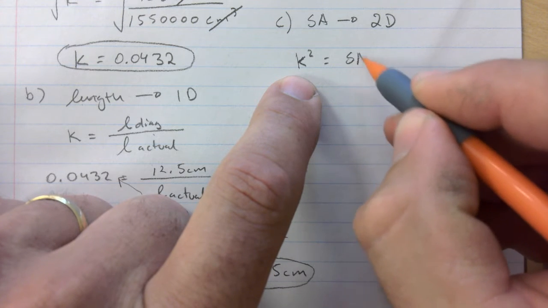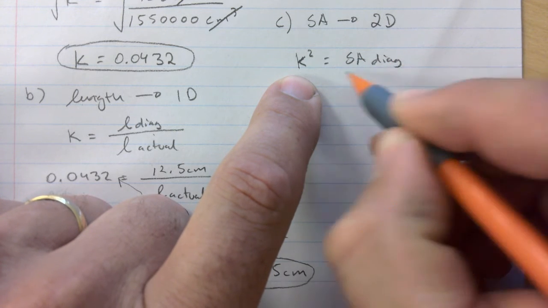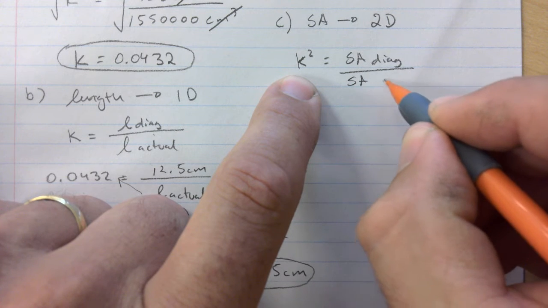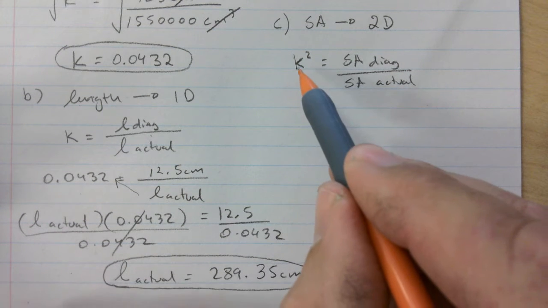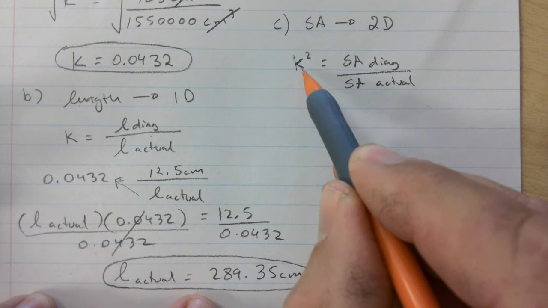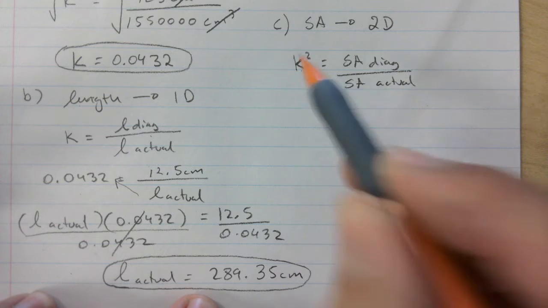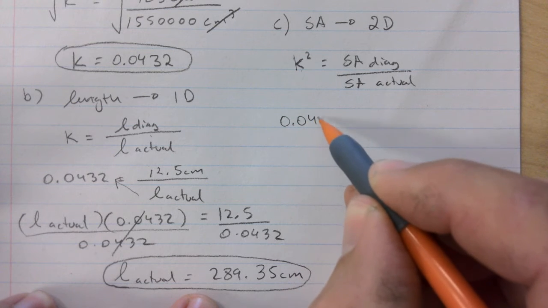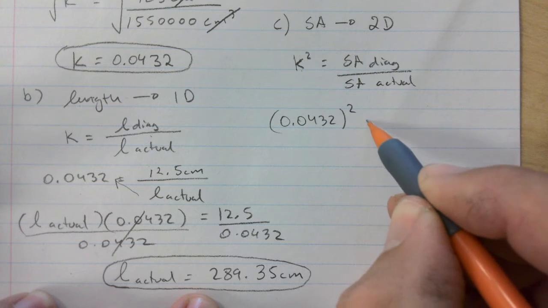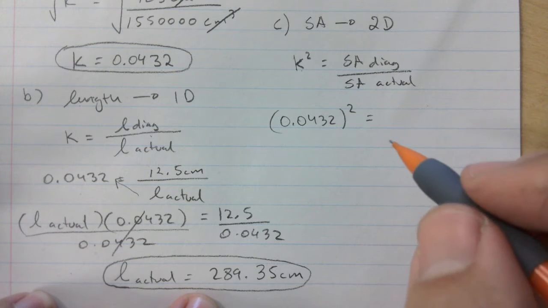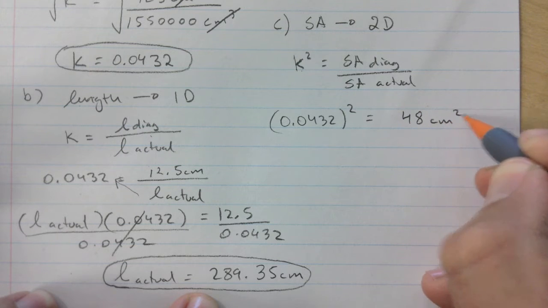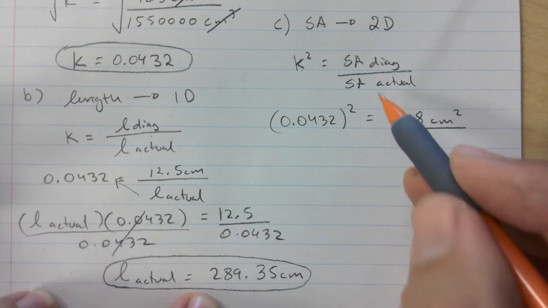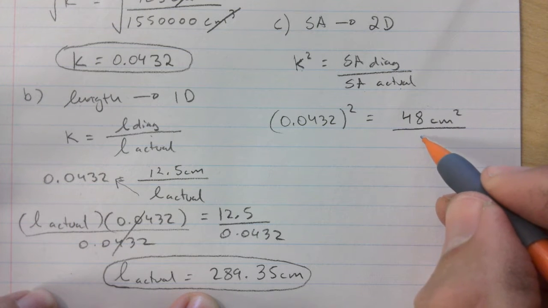So we know surface area of diagram over surface area of actual. Then you just plug in. k squared is equal to the surface area of the diagram, which I know is 48 centimeters squared, and surface area of actual, we're just going to call that X for now.